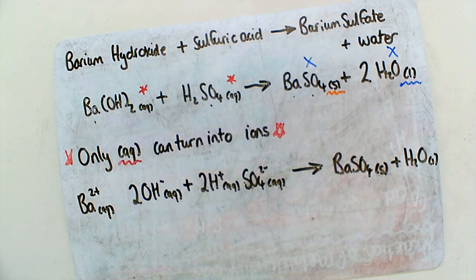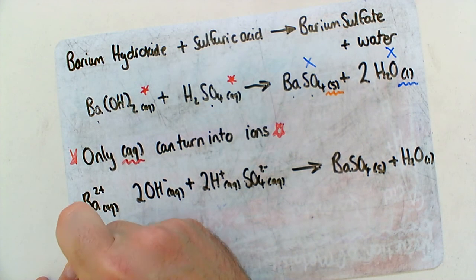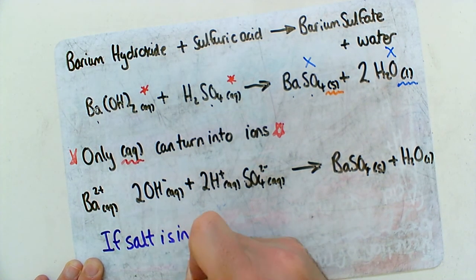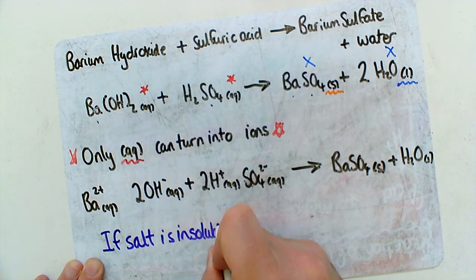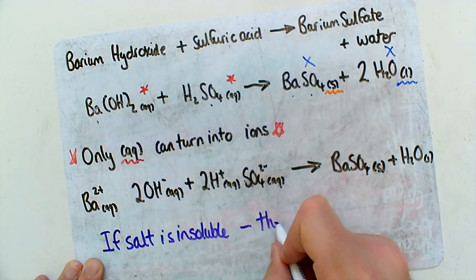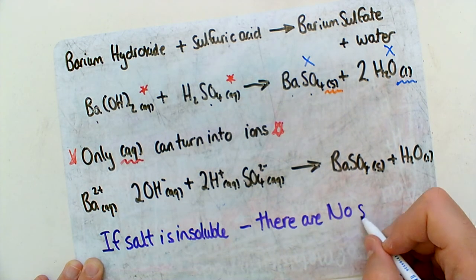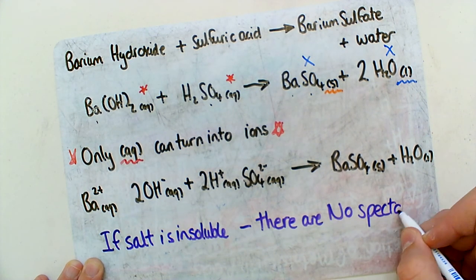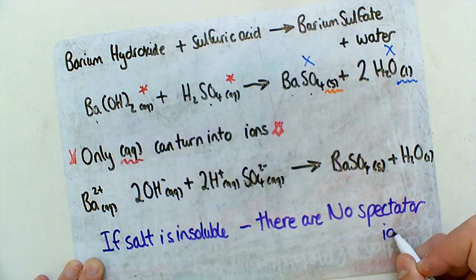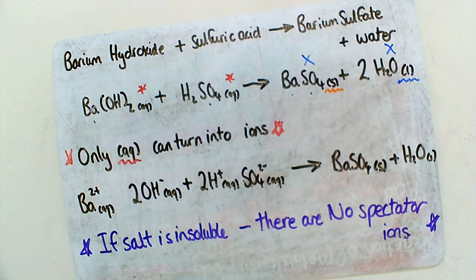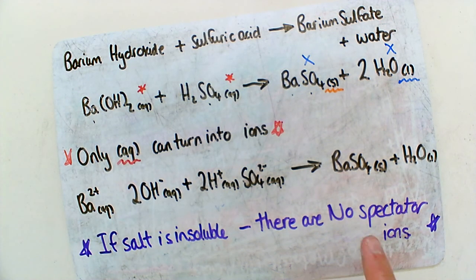So in a situation like this, if the salt is insoluble, there are no spectator ions. And that is another important rule. So if the salt is insoluble, there will not be spectator ions at all.